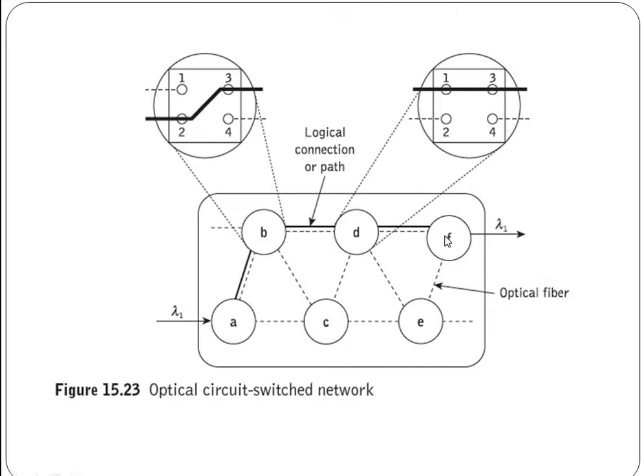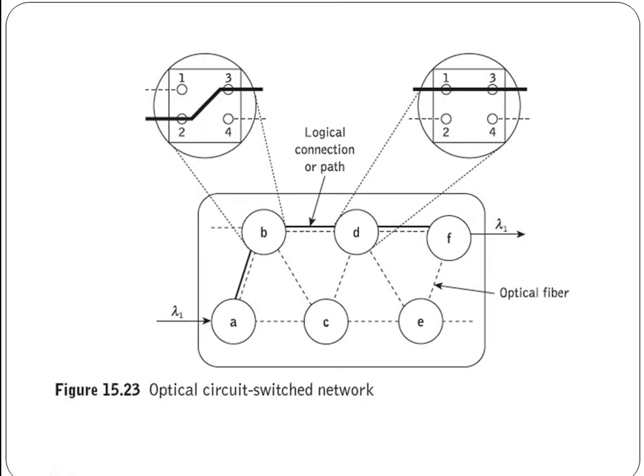So optical nodes of an OCS network contain optical switches, where large multi-port optical switches or OXC, also referred to as an optical cross-connect switch, are used to establish connection between the desired input and output ports.